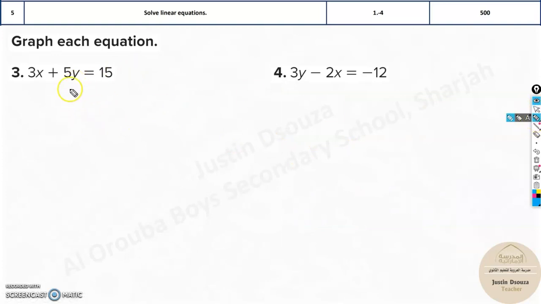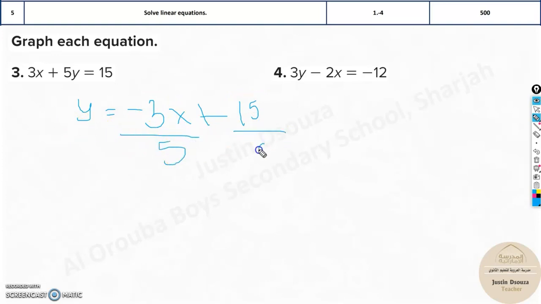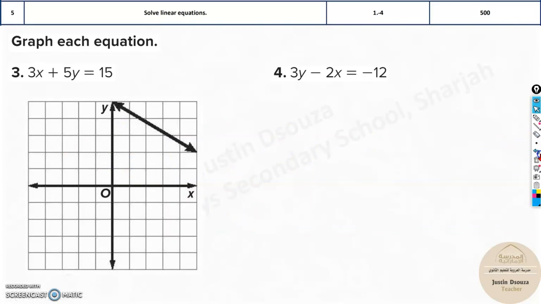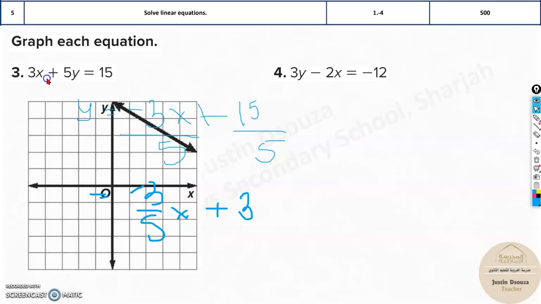I'll write the slope-intercept form. It'll become y equals minus 3x plus 15, everything divided by 5. Okay, it'll be divided by 5 and divided by 5. So the slope basically would be minus 3 by 5, x plus 3 is the y-intercept. So we can see 3 will be the y-intercept. Okay, now over here, what's happened? Did I do anything wrong?